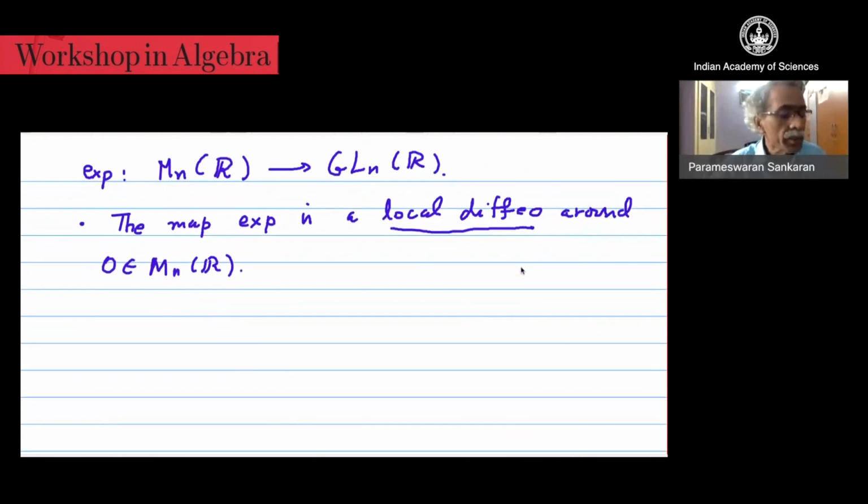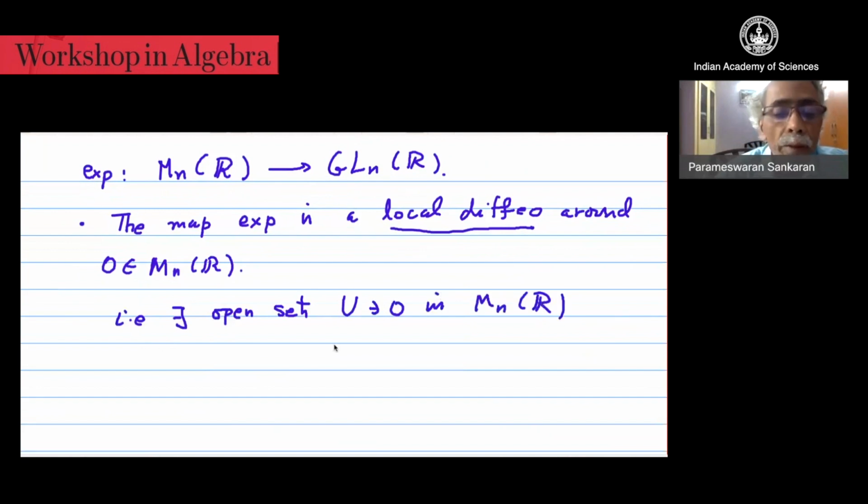So what this means is that there exist open sets U containing the origin in n by n matrices, and V contained in GLn(R). In fact, the image has to map into GLn.